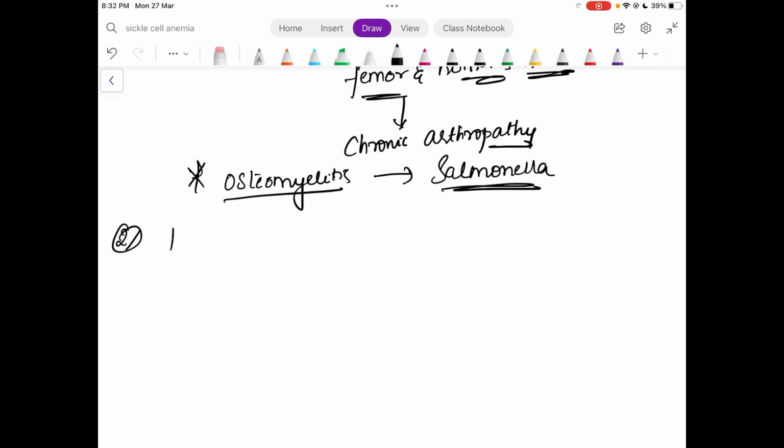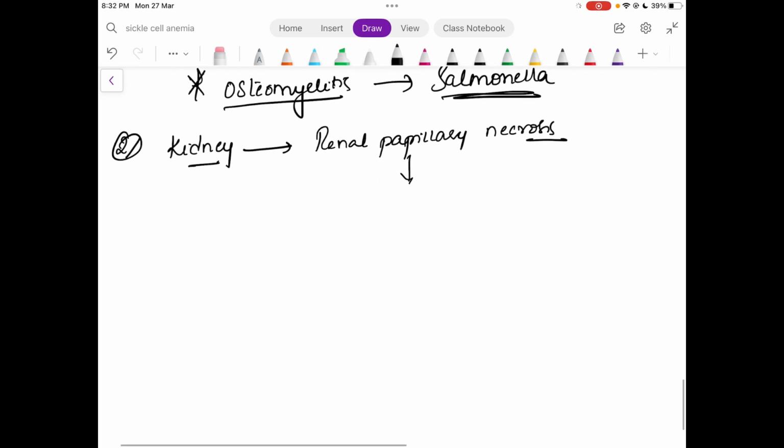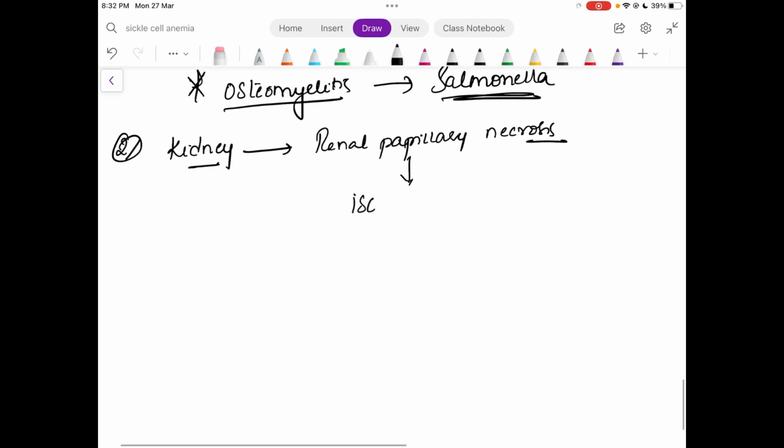The next organ is the kidney. There will be renal papillary necrosis, and with this renal papillary necrosis, the patient will have isosthenuria.